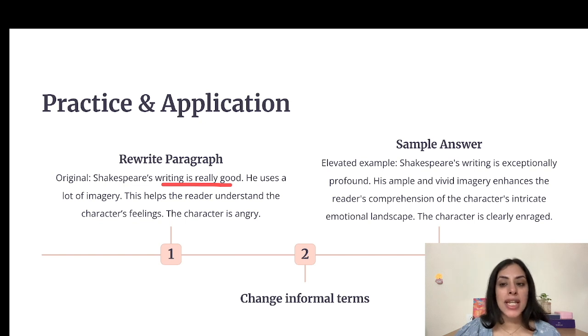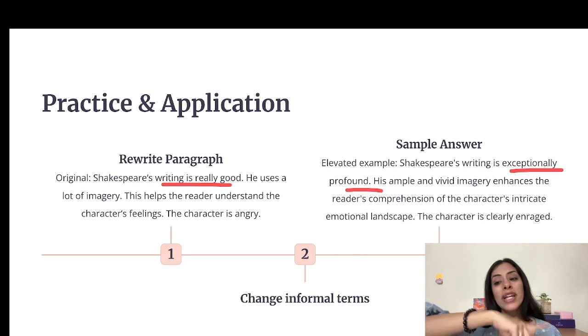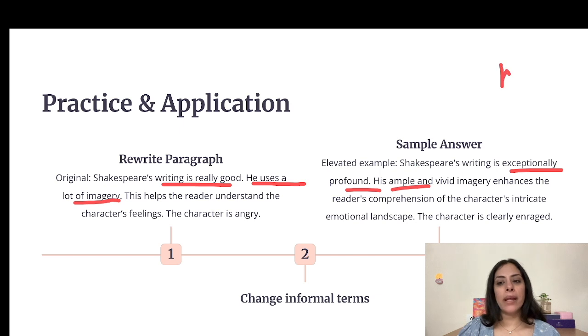That was our first sentence. So instead of that, we can write, Shakespeare's writing is exceptionally profound. Going from really good to exceptionally profound. Then, he uses a lot of imagery. Now instead of a lot of, we are using ample. Ample means many. Okay.